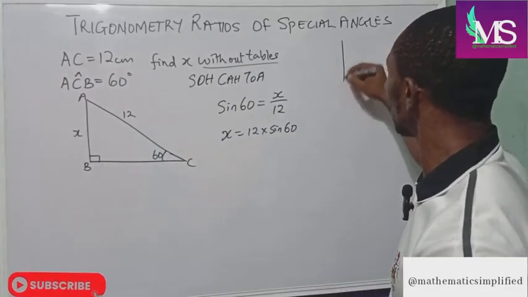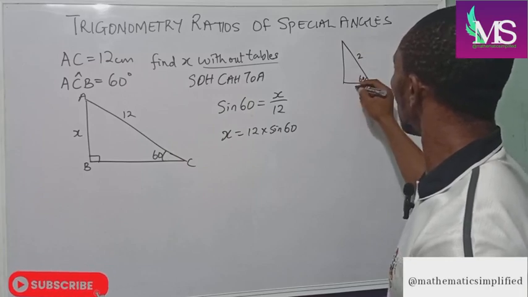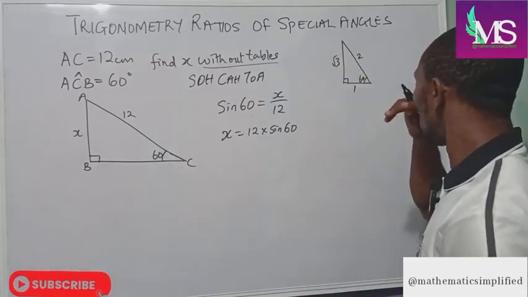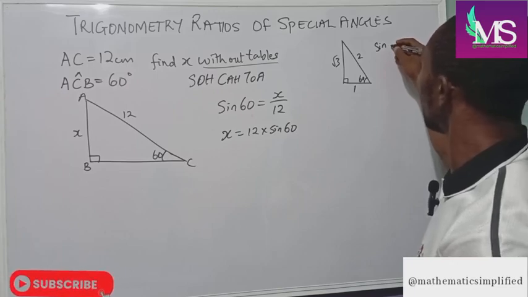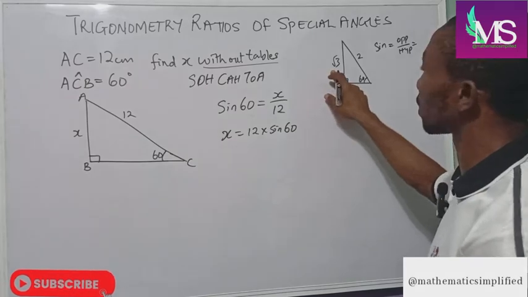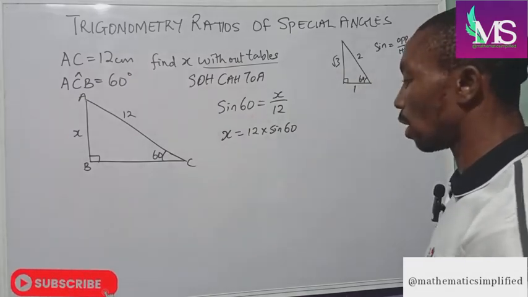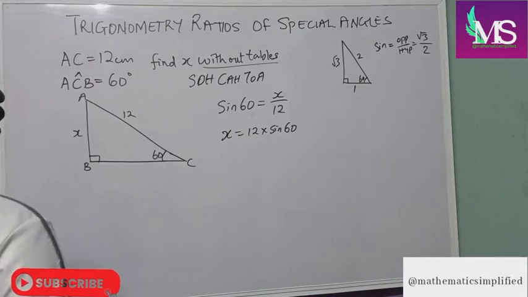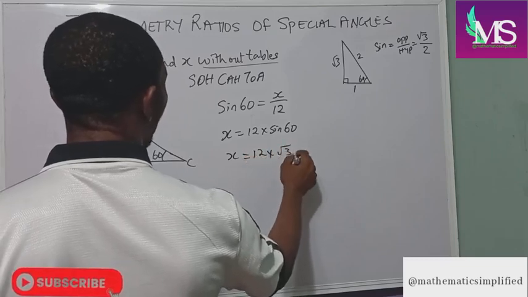Looking at our special angle table, 60, 2 and 1, root 3, sine 60, which is opposite over hypotenuse, will become root 3 over 2. So inputting the value of sine 60 as root 3 over 2, x equals 12 times root 3 over 2.